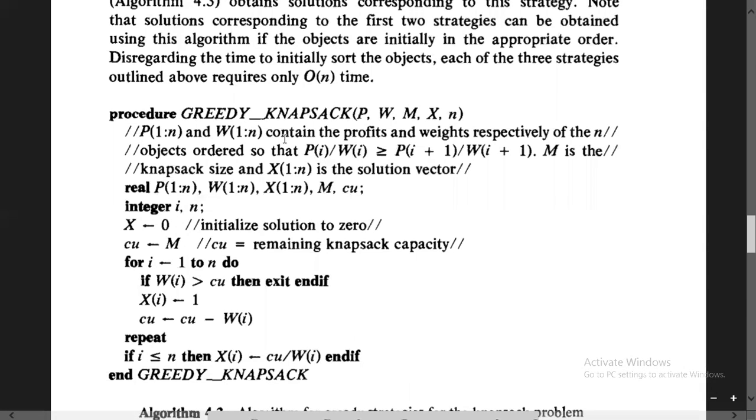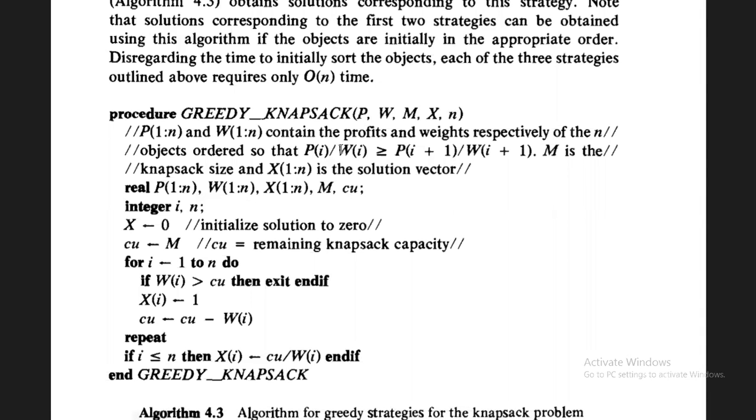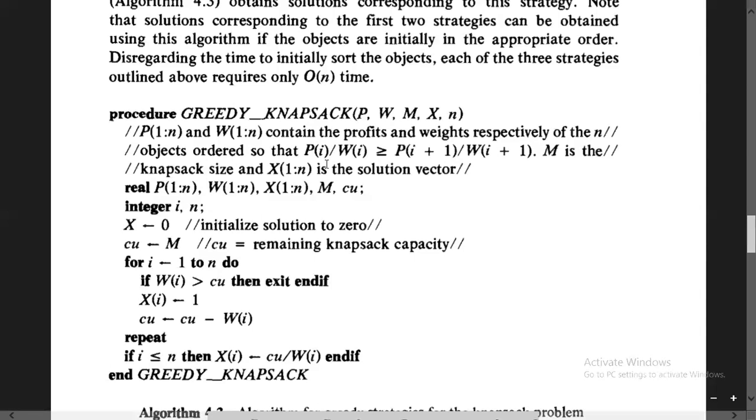This is the input, containing the profits and weights respectively, and then the objects are ordered according to the Pi by Wi ratio. Okay, in the last option, the optimal solution, we have taken the fractional value. So Pi by Wi we are taking, and then we are arranging the items in the order of Pi by Wi.